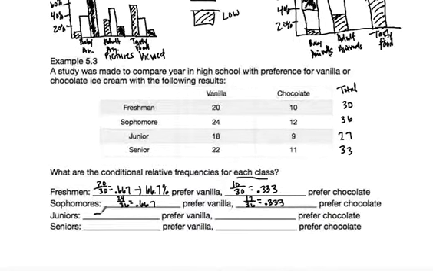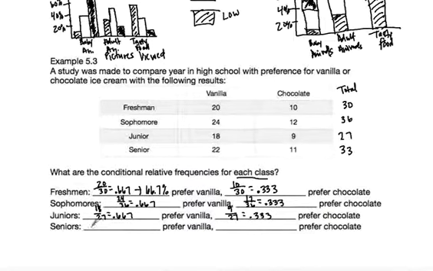Juniors, there were 27 juniors that were asked. Of the 27, 18 preferred vanilla, and so that's 0.667. For the juniors that prefer chocolate, there were 27 that were asked. 9 preferred chocolate, and so that would be 0.333.